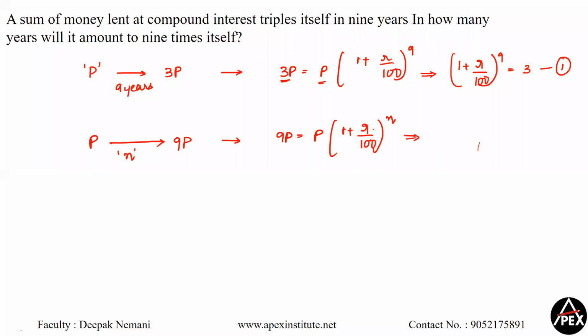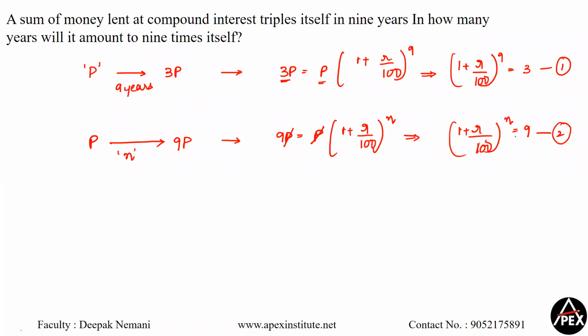If I cancel P, 1 plus R by 100 power n is equal to 9. Yes, quick responses.